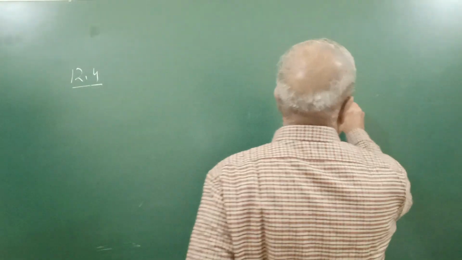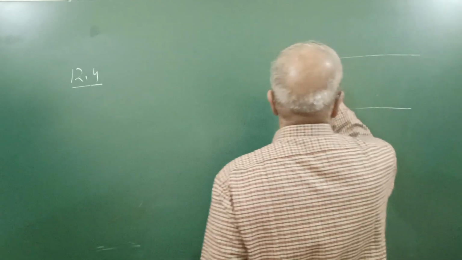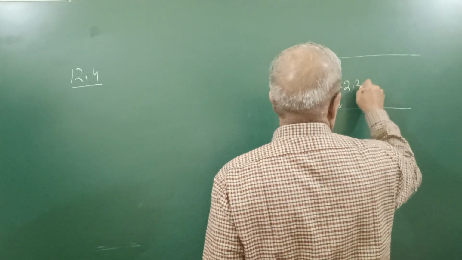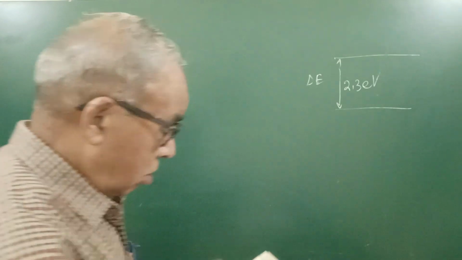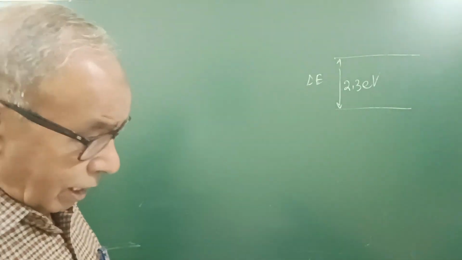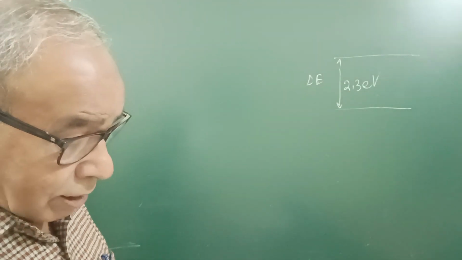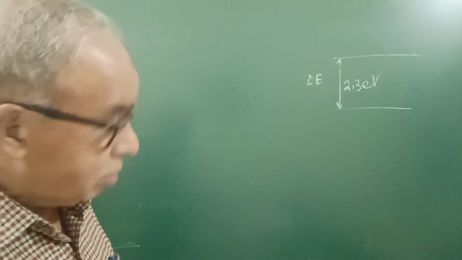There are two energy levels, their difference is the gap. Delta E, the gap here, is 2.3 electron volt. What is the frequency of radiation emitted? Only frequency you are asked.